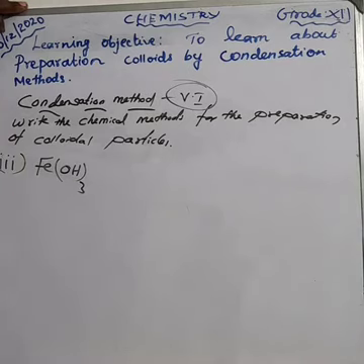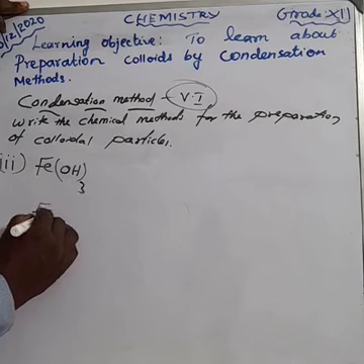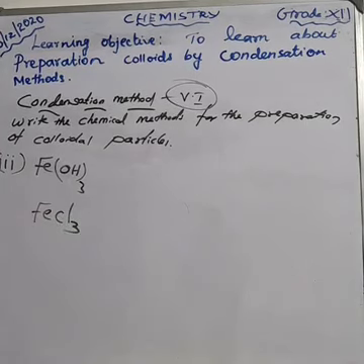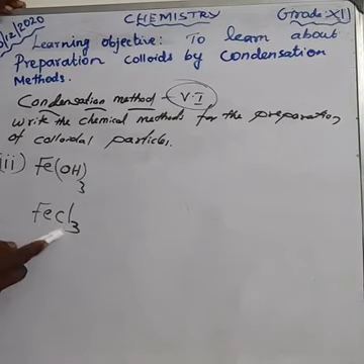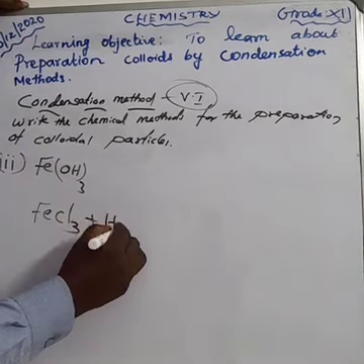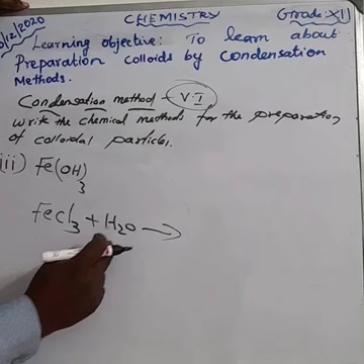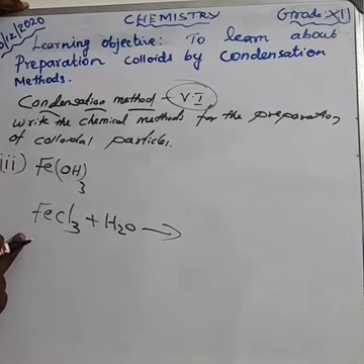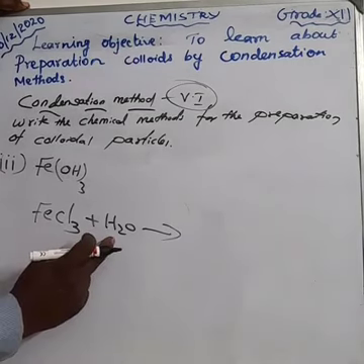What is the formula for ferric chloride? FeCl3, ferric chloride salt. Ferric chloride on reaction with water, we get ferric hydroxide. So, how can you write the water molecule here?